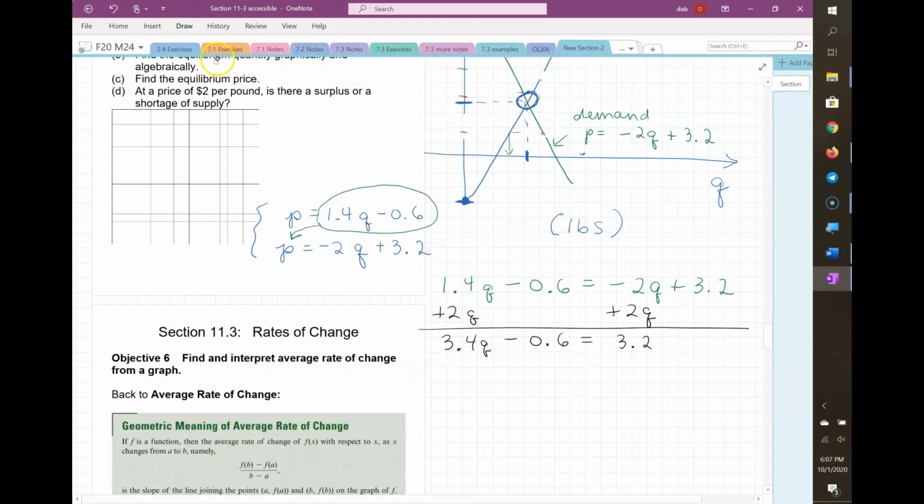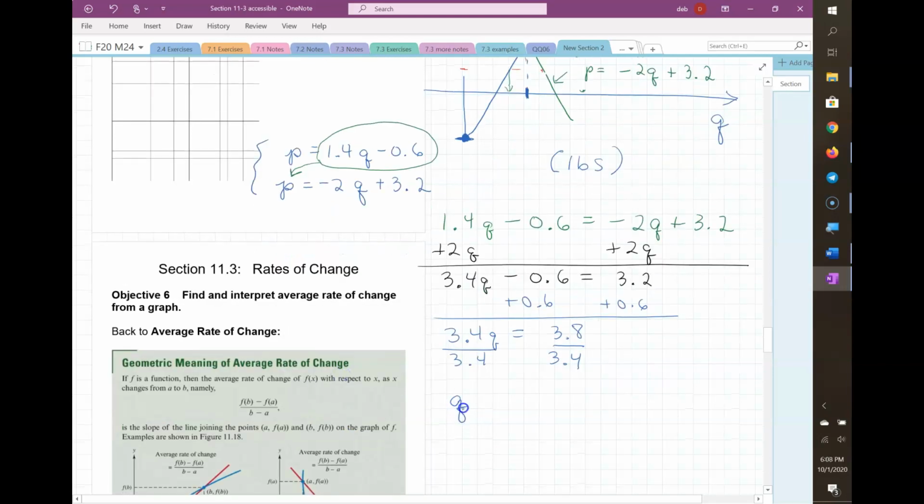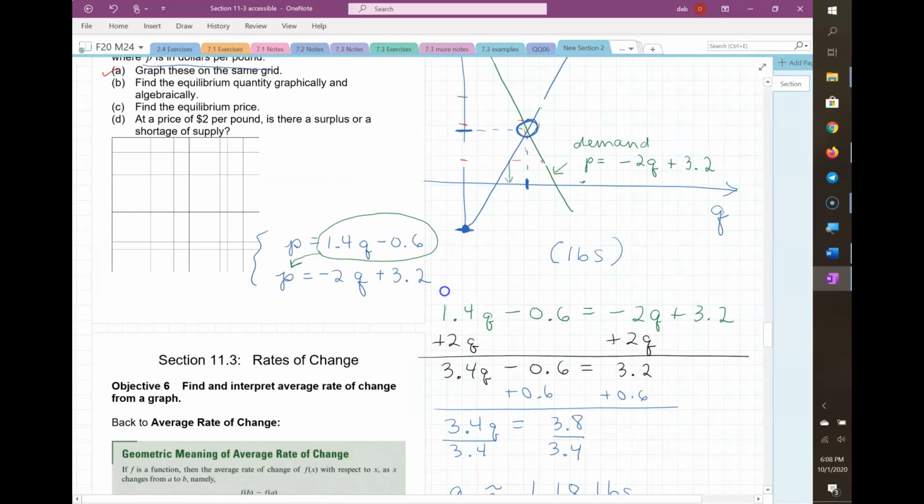And then I'm going to add 0.6 and have 3.4Q equals 3.8. Then divide both sides by 3.4. So it doesn't come out exactly, but it comes out about 1.18 pounds. So the equilibrium quantity is about 1.18 pounds if I'd made a really good graph.